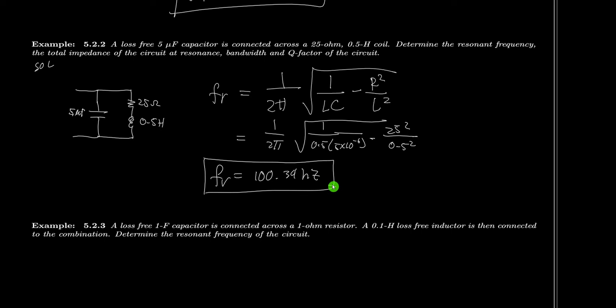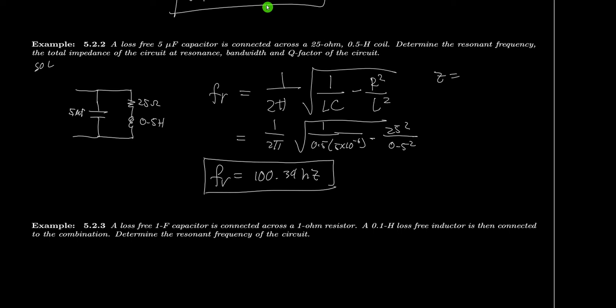And next, that's the F, we want also to solve for the total impedance. So what will be the total impedance Z, the impedance of the circuit at resonance? I can just put the solution here. Z will not just be equal to 25 ohms, but we can derive that.